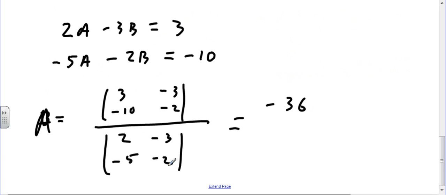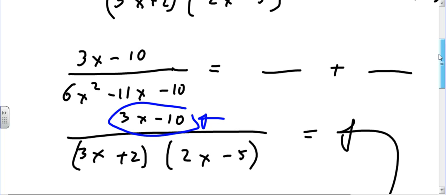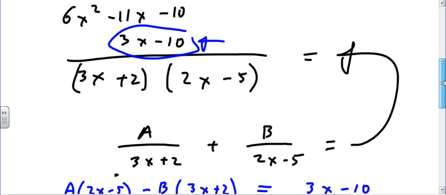I've got minus 4 minus 15 for a minus 19. Well, that's hard to believe because it's supposed to be a 3. So what did I do wrong? How could I have made a mistake already?